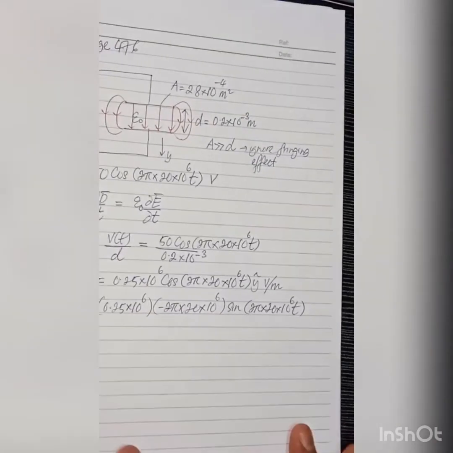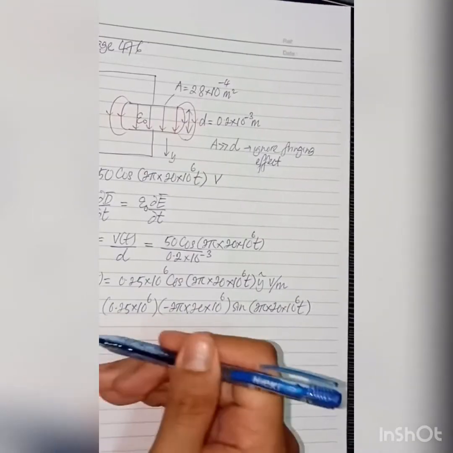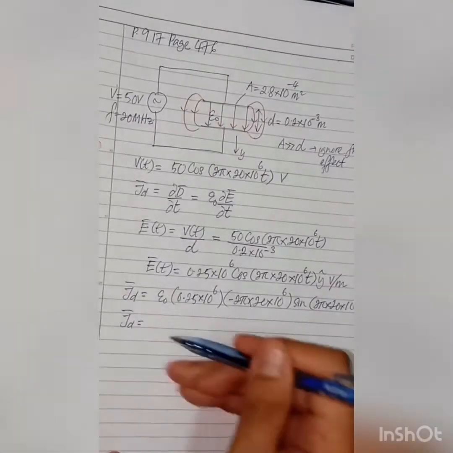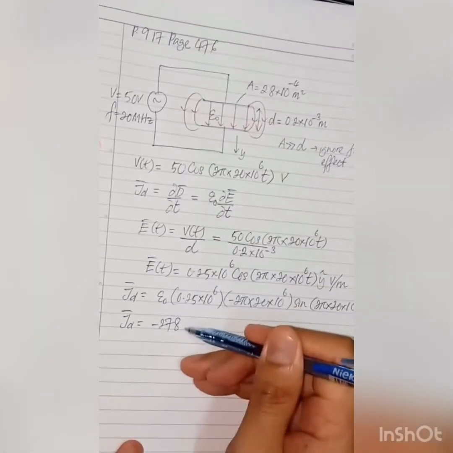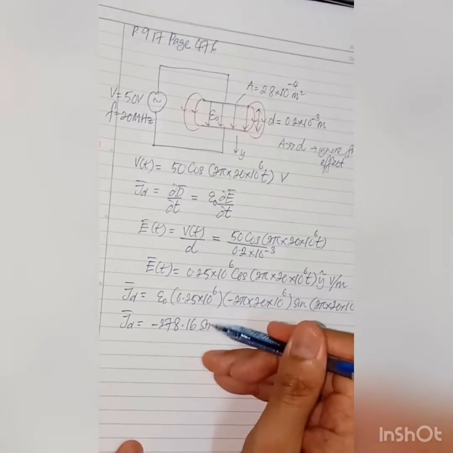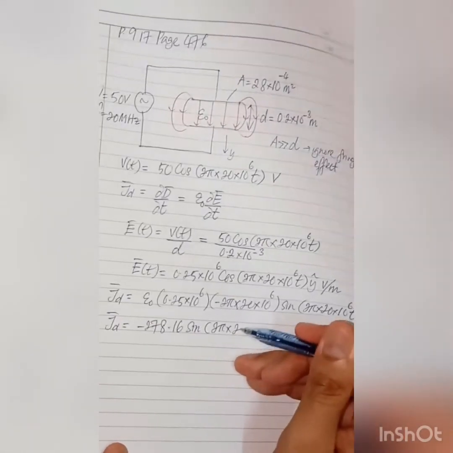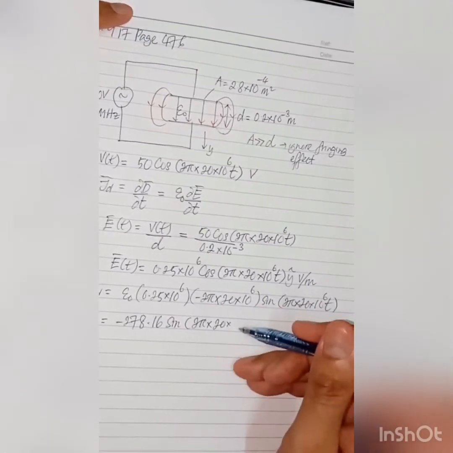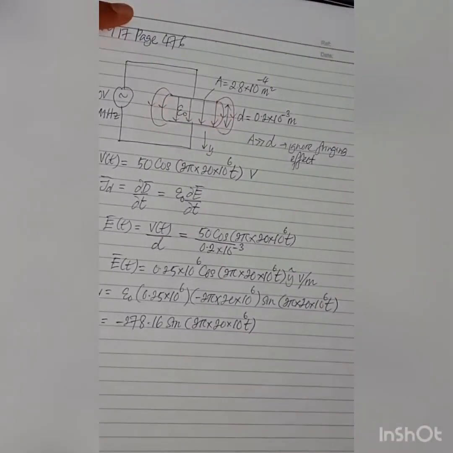If we proceed, you will have the value of JD, which will be equal to negative 278.16 sine 2 pi times 20 times 10 to the power of 6 t.